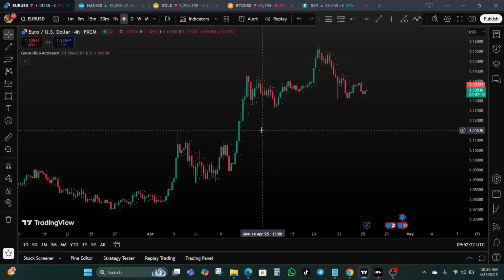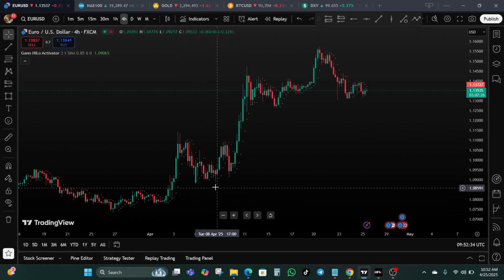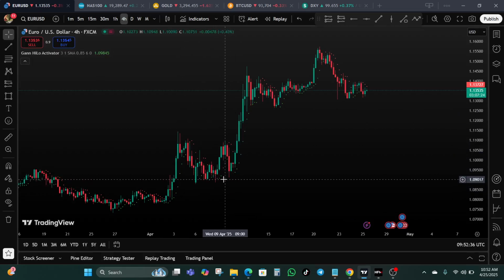Now, if the trend is up and price respects the Gann HiLo as support, ride it.